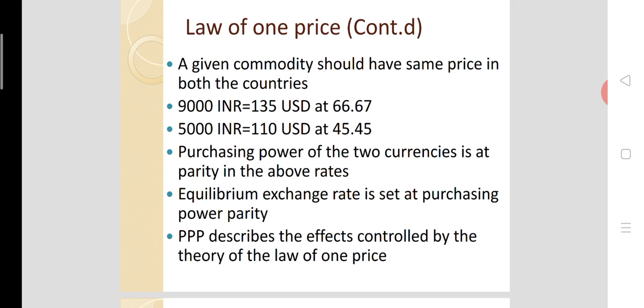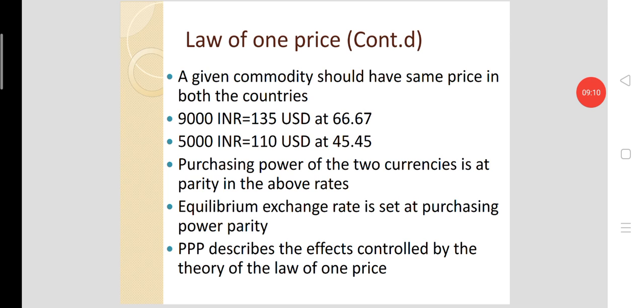So this is the law of one price. Or 5,000 Indian rupees will be equal to $110 at the rate of 45.45 Indian rupees per $1. So this is the purchasing power parity, purchasing power equality in both nations, in India and the United States.